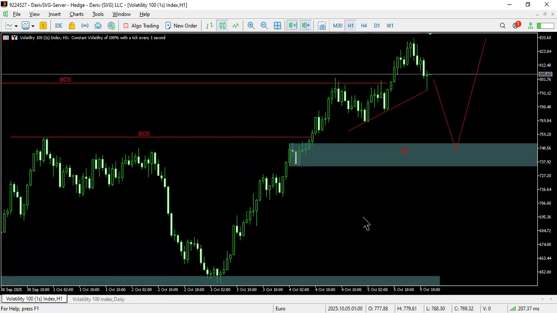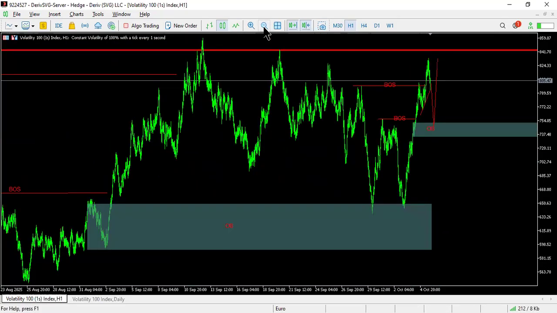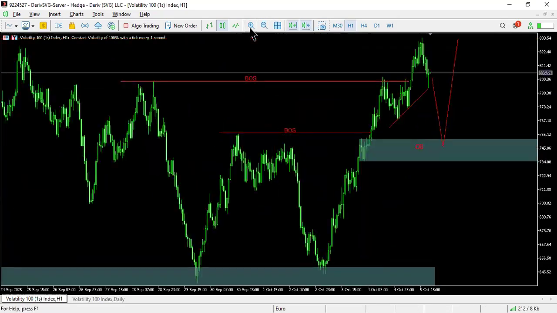But my concern is just going to be volatility 100 1S. So that's it, traders. This is a setup that I'll be trading, and I'll just be watching out for VIX 100 1S because this is the one that's moving favorable with my strategy. So this is the one I'll be observing.